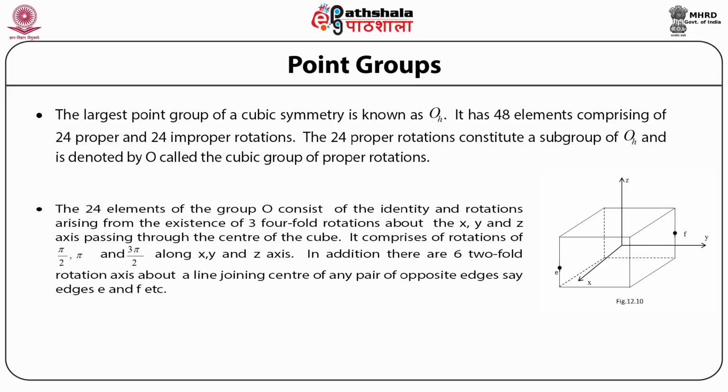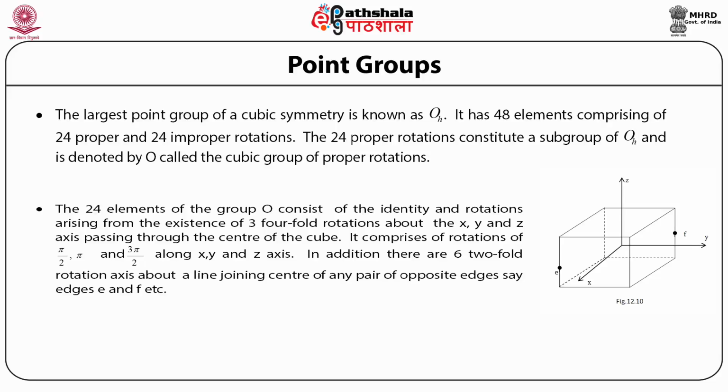there are 6 two-fold rotation axes about a line joining the centers of opposite edges. For example, if you look at the slide, look at the two opposite edges with centers E and F. If you consider an axis passing through E and F, then there is a two-fold rotational symmetry, because if you rotate the molecule about an axis passing through E and F by an angle equal to pi, the molecule comes back to its own position.